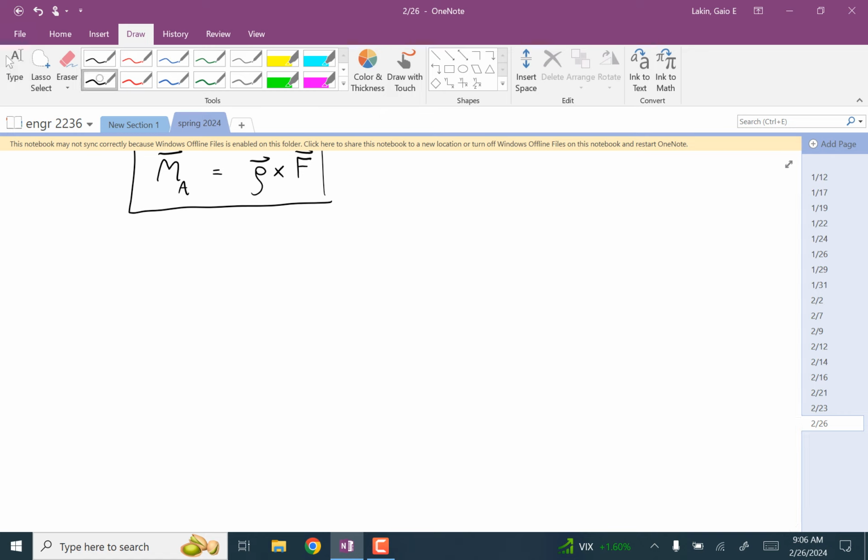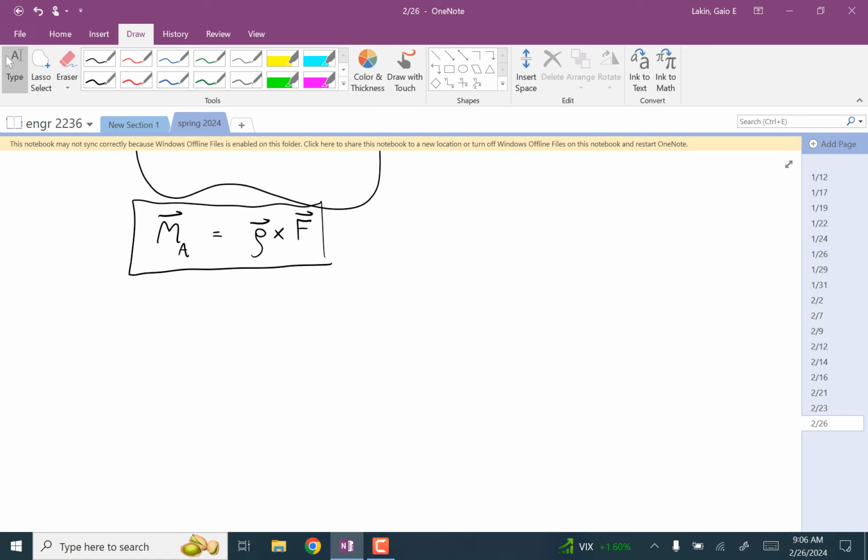I always calculate these in table form. If you've taken statics from me, you've seen this before. I always do these in a table. I think it helps you avoid forgetting stuff.